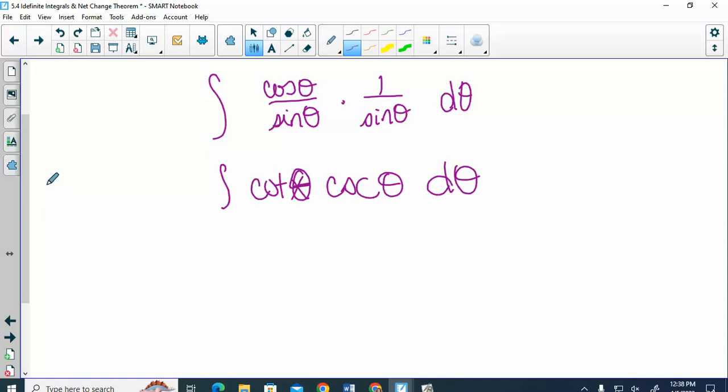The derivative of cosecant is negative cosecant cotangent. So the antiderivative of this would be negative cosecant theta. So I didn't do a product rule in reverse. This only works because the derivative of cosecant is those two things multiplied together. And then what else do we need?